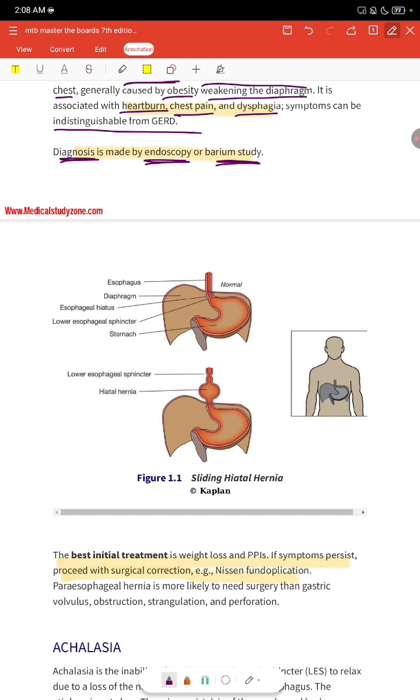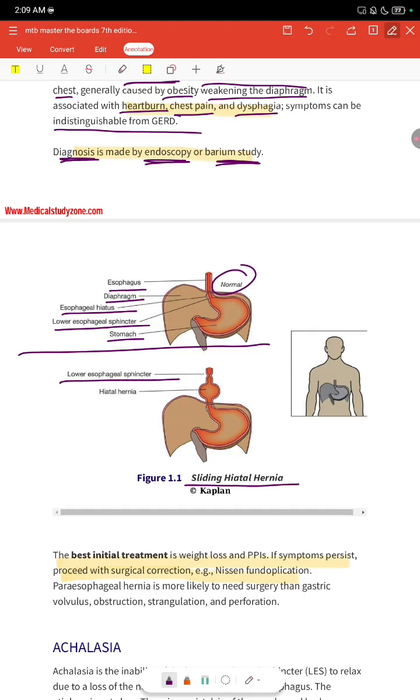Let's see the diagram. So here is the diagram of a normal healthy person, and here is the diagram of a patient having sliding hiatal hernia. So this is the esophagus, the diaphragm, the esophageal hiatus, lower esophageal sphincter, and stomach.